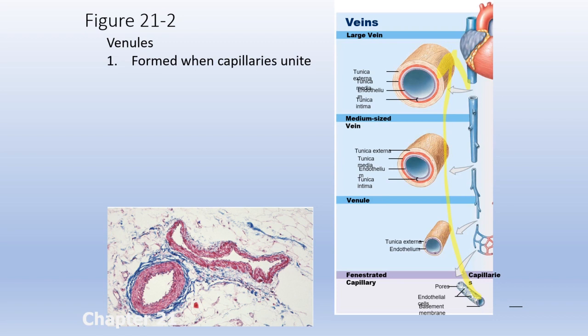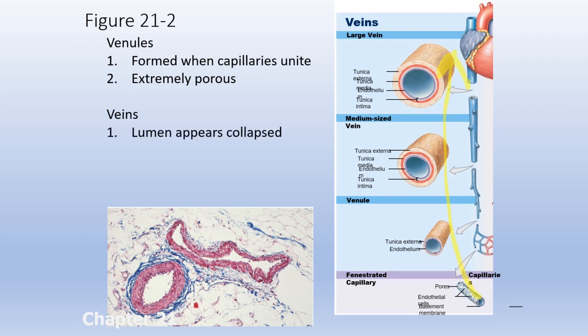So the first vessel that blood would encounter when leaving a capillary bed would be the venules. And they're still pretty porous. Actually, venules are still exchanging with the tissue around them. They're not really capillaries. They're leaky.